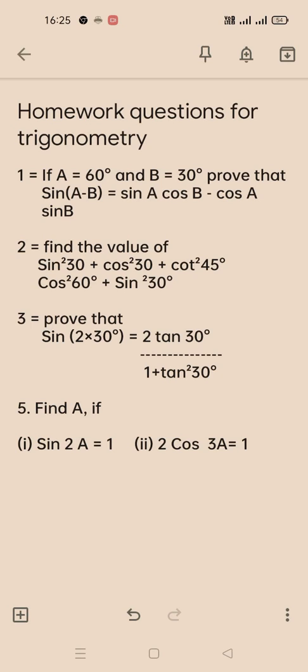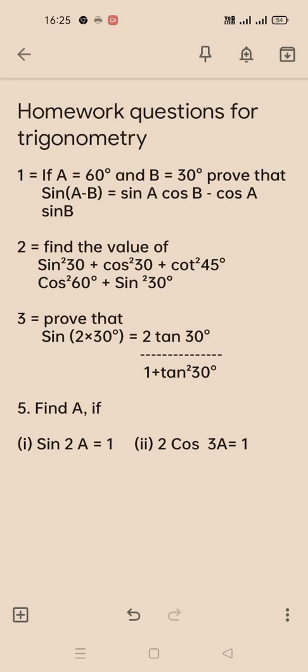Okay, you have to learn, you have to revise it, and you need to draw it at your home. Okay, and take the screenshot of these 5 questions and just do it as your homework questions. Okay, these are the 5 homework questions.